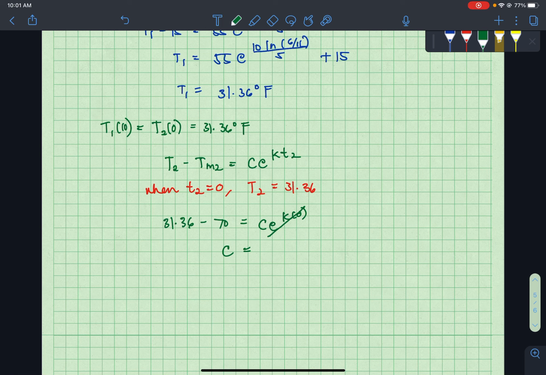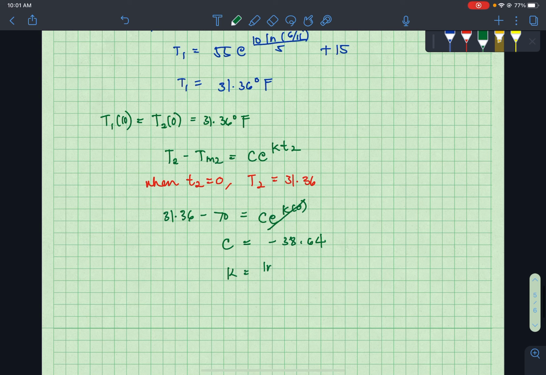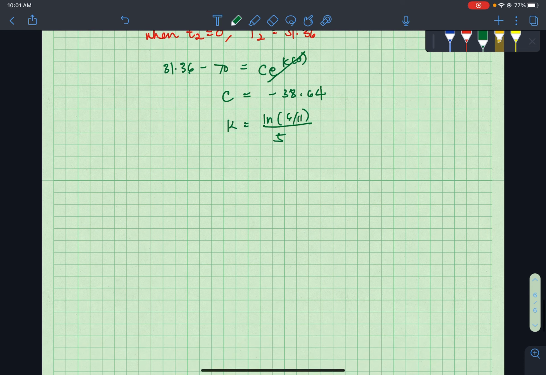31.36 minus 70, so that is negative 38.64. So that would be our C, and K is constant, so K is ln of 6 over 11 divided by 5.